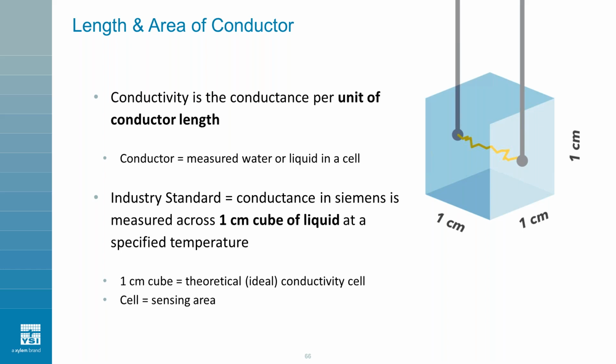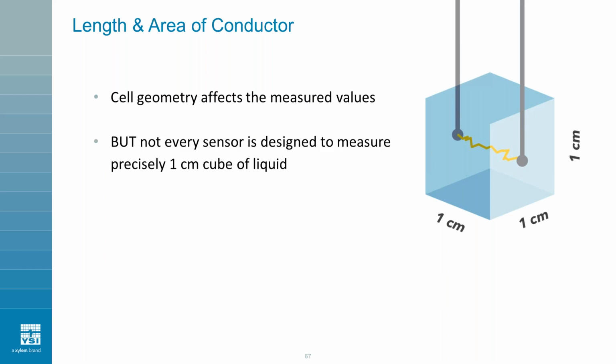The 1 centimeter cube is the theoretical or ideal conductivity cell. Think of the sensor conductivity cell as the sides of the cube. This is the sensing area. The cell geometry affects the measured value of the sample, but not every conductivity sensor is designed to measure precisely 1 centimeter cube of liquid.